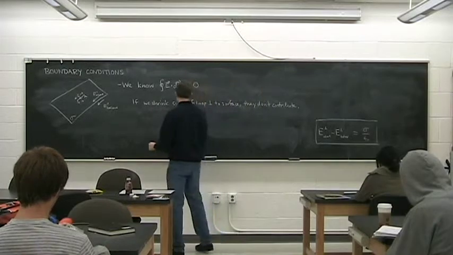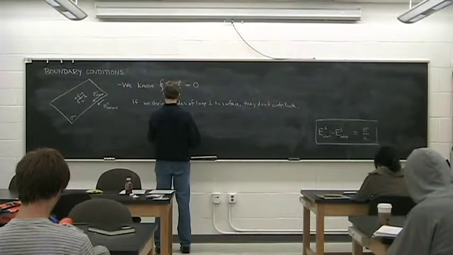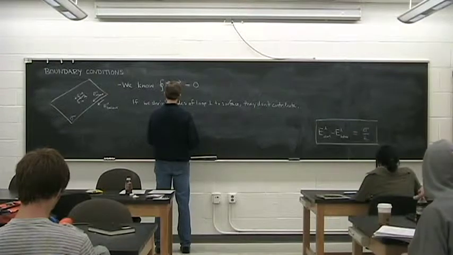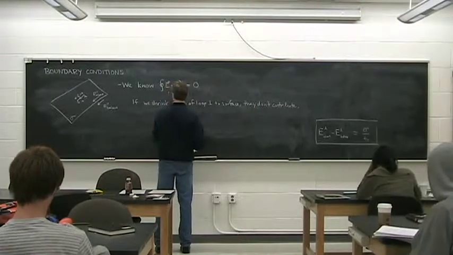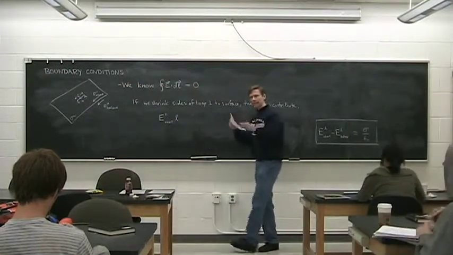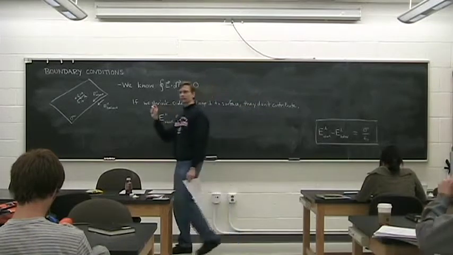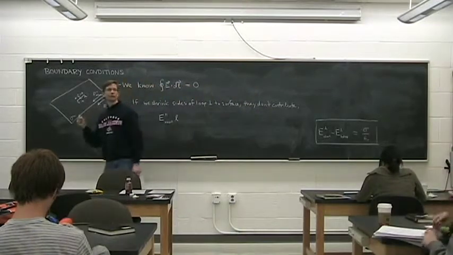And so what that means then is that E parallel above times L, that'll be the line integral above, because again, we're taking a tiny little loop here, so we can assume that the electric field is constant along that tiny little loop.